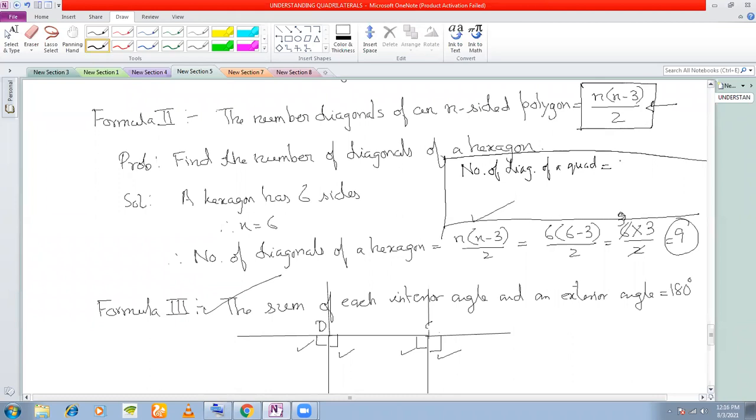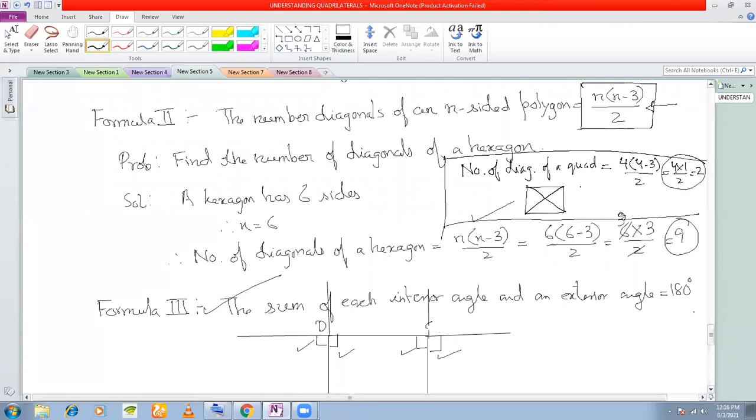So put n equal to 4 here. 4 into 4 minus 3 divided by 2, which is 4 into 1 divided by 2, which is equal to 2. Which is obvious. A quadrilateral, suppose a square, how many diagonals does it have? Even a rectangle has 2 diagonals, right? Yes, sir. So the number of diagonals of a quadrilateral you can get from this formula as 2.